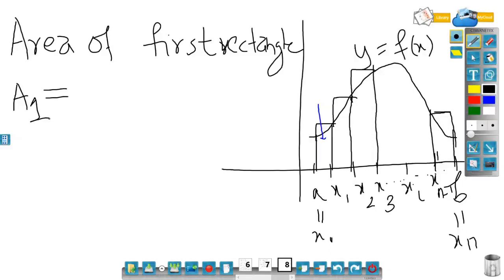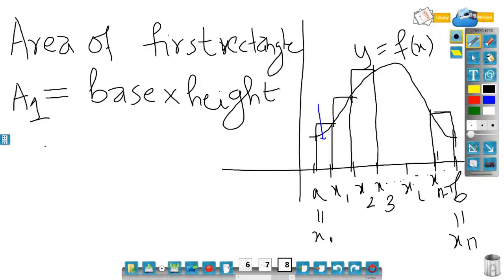So here the base is very clear, a to x1, so the base is basically x1 minus a, but a is the same as x0. And the height, now you can see, we can find out through the function.